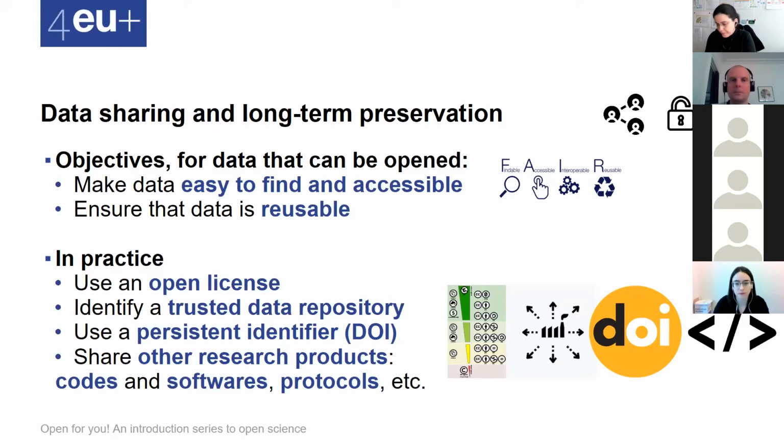And it's very important to share other research products and not only the data, because if you don't have the code, software, the protocols, and these other research products, sometimes you can't read the data without these other types of results.